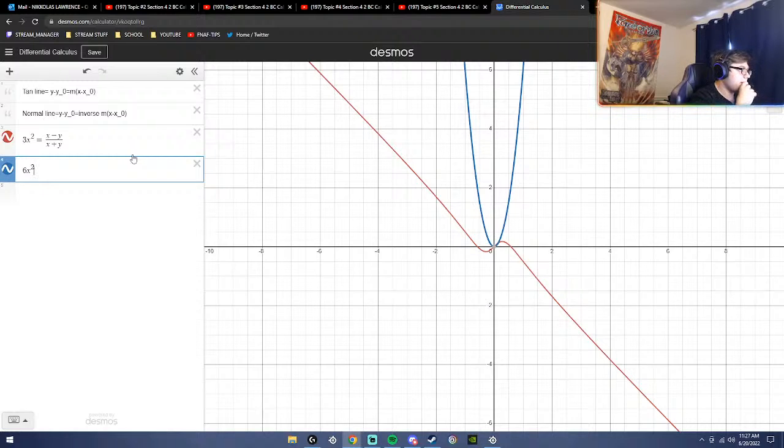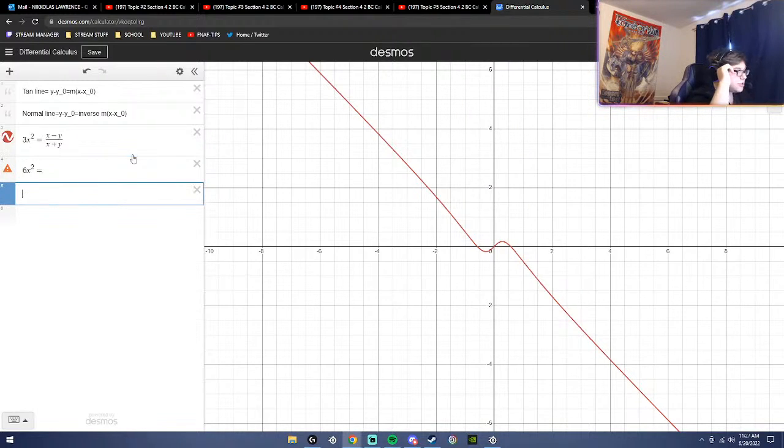And then okay, hold up. I'm gonna make this a function so I can write it down much easier. Let's just say f of x, even though I really shouldn't say f of x for this scenario, but that's okay.